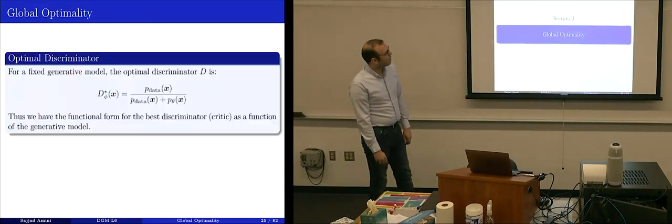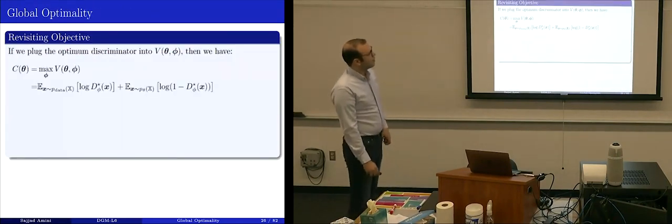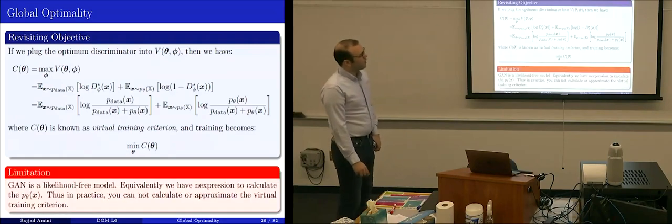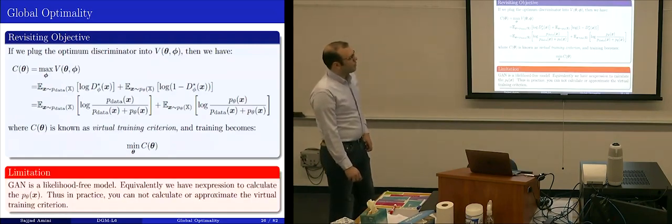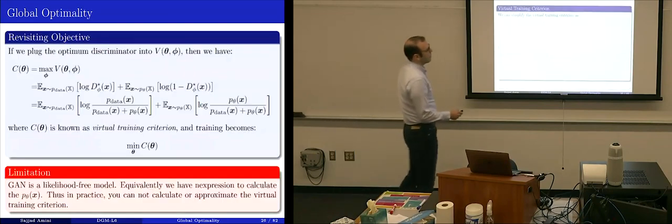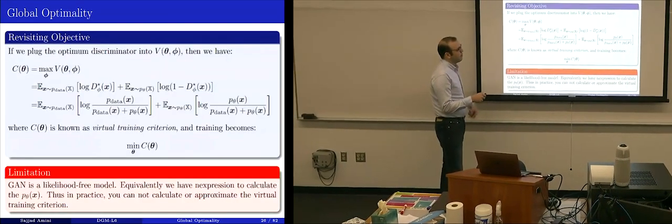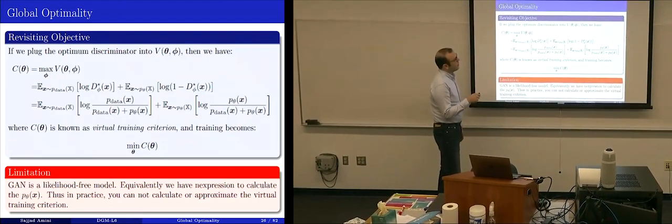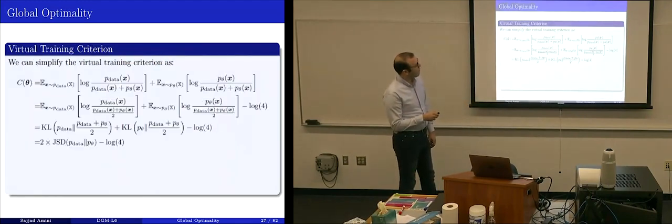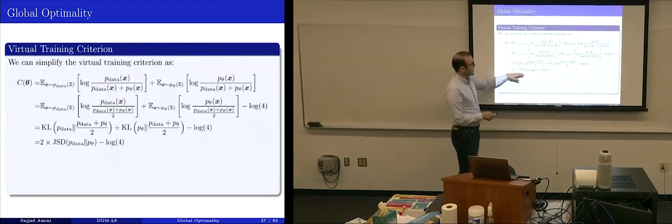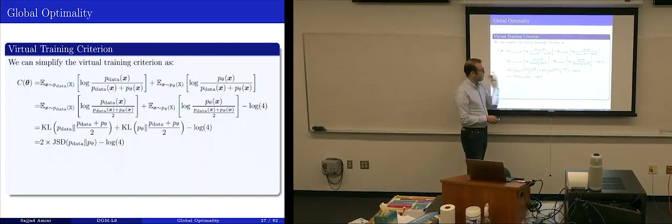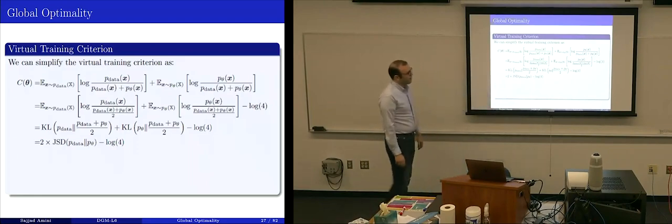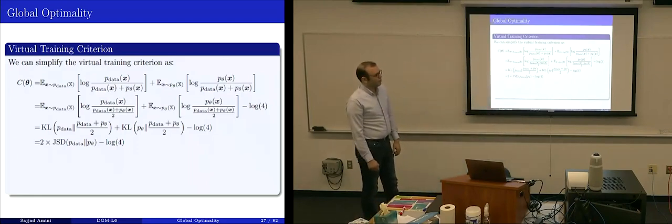And then we talked about the optimality. These optimality conditions show how we can consider it as a distance metric. We see that if we have a model with enough capacity for the discriminator, then you are optimizing the JSD, which is a better distance in comparison to likelihood or the KL divergence, which was used in the previous models.